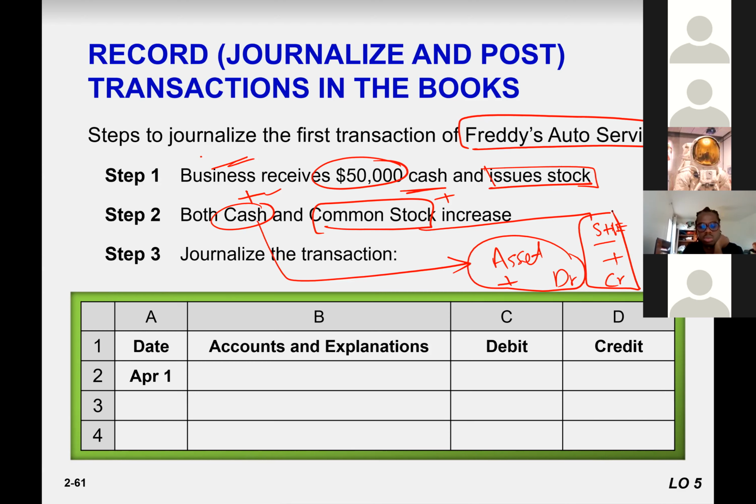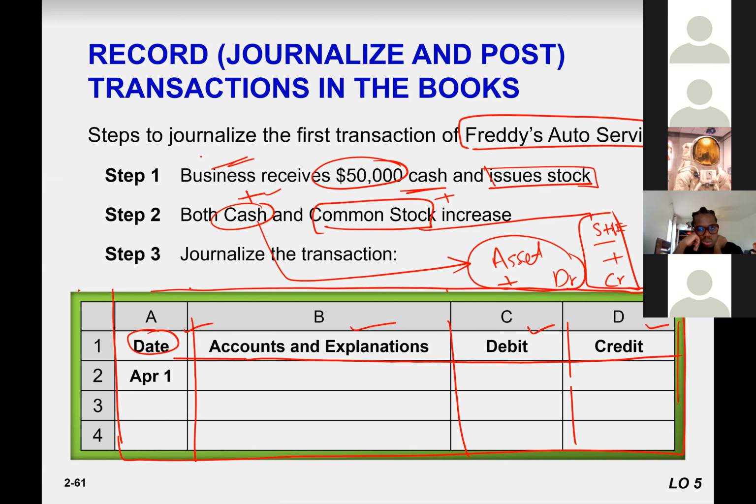So how do you write the entry? First, you write down the debit side. So this is a journal. You mention a date. You make columns here, 1, 2, 3, and 4 columns. And you write: date, accounts, debit, and credit.